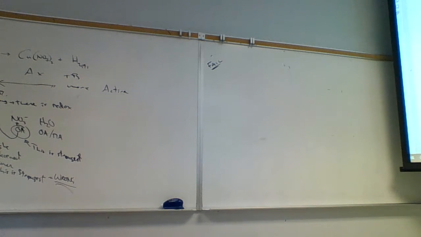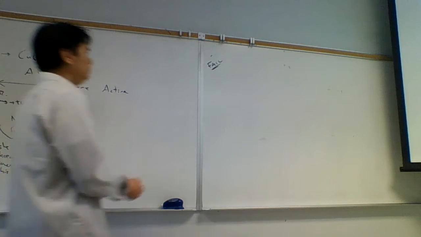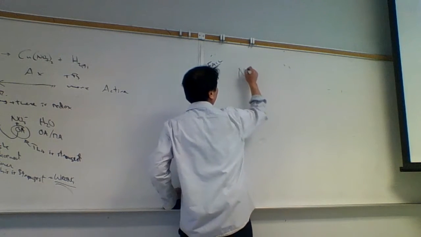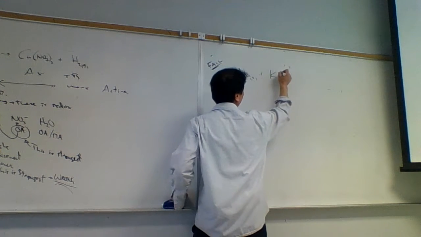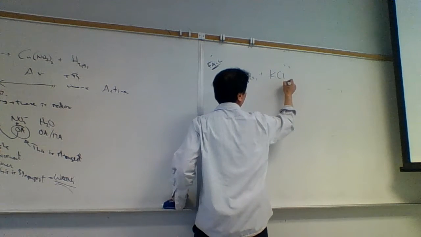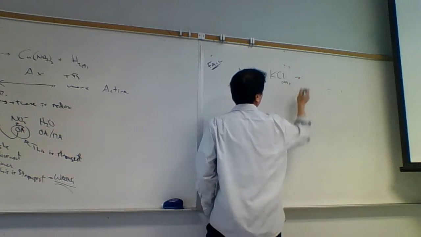Let's bring up the other chart here. Nitric acid wasn't on that one, but this chart will do. I'm going to go with sodium metal plus potassium chloride, aqueous.